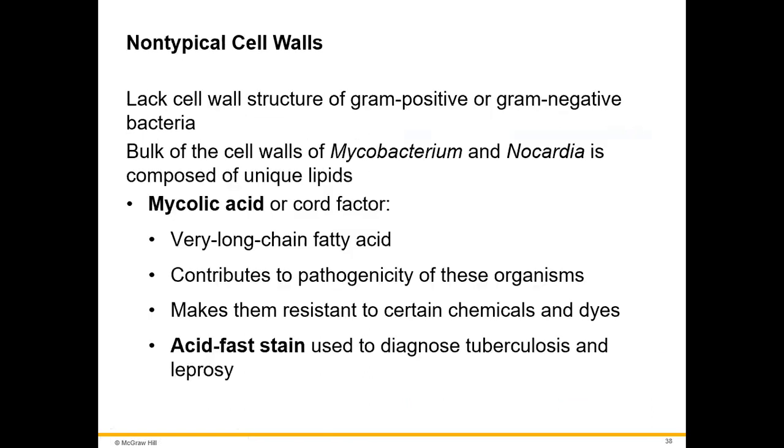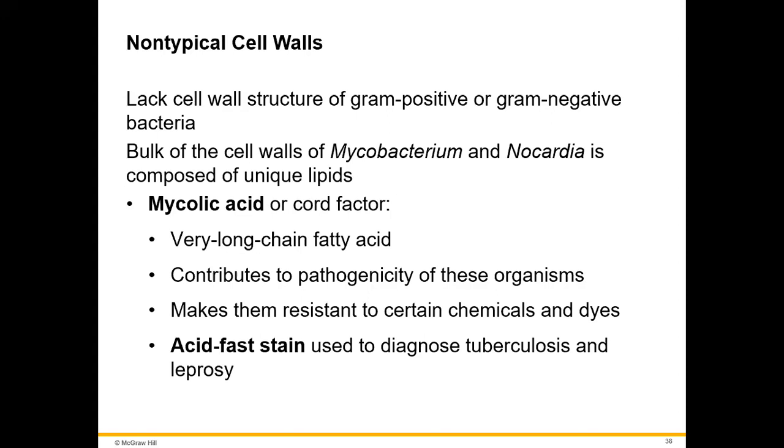Some non-typical cell walls. Some bacteria lack the cell wall structure that we see in gram-positive or gram-negative. The bulk of the cell walls of Mycobacterium and Nocardia are composed of unique lipids, such as mycolic acid, or something called cord factor, a very long chain fatty acid.